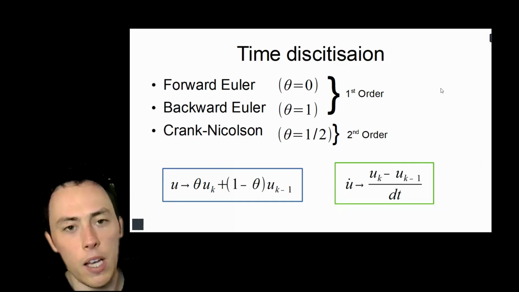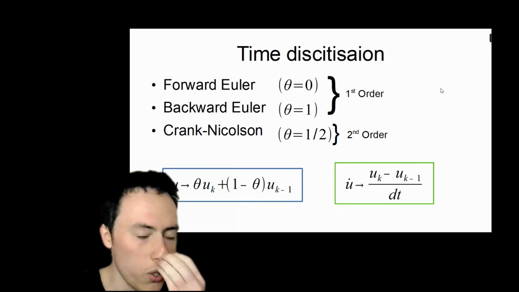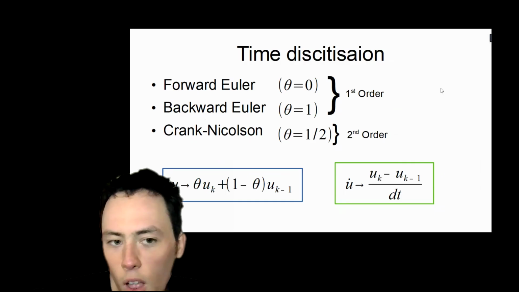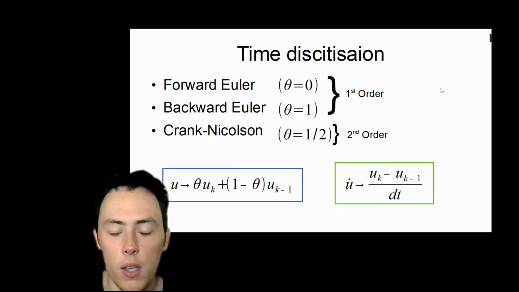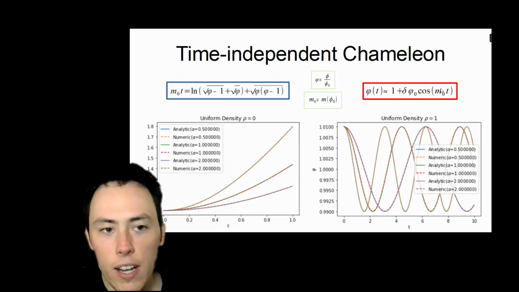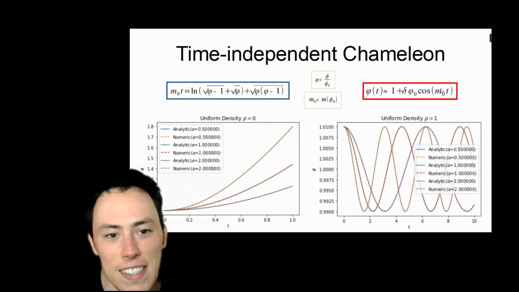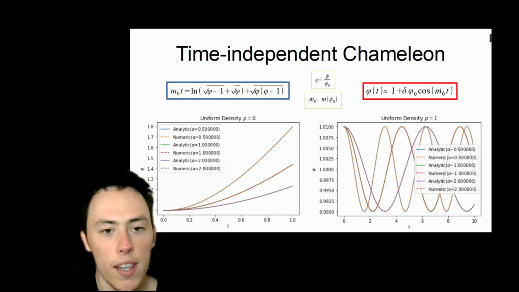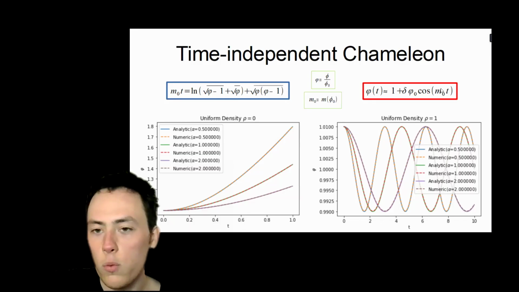For the sake of time, I'll just skim over this. You're able to solve using the forward or backward Euler method. The main method is the Crank-Nicolson because it's of higher order. Here I have some analytic solutions that we derived for constant density profiles. On the left, this is for the chameleon where we have perfect vacuum and the field profile is able to evolve.